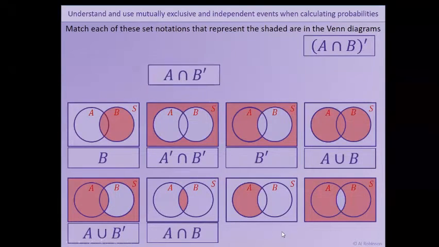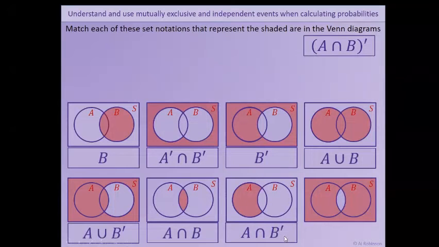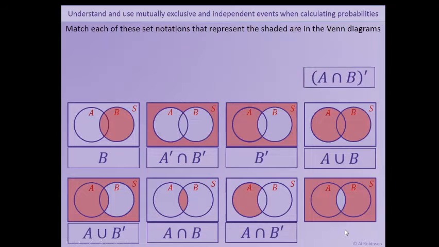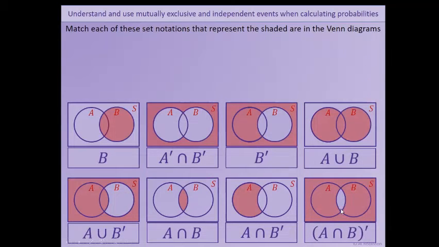And this one here is A intersect the complement of B. So it's all of A, and this intersects with the complement of B, so not B. Okay. And then the last one is just the complement of the intersect. So you think, what's the intersect? So A intersect B, which is the middle. So it's everything except for the middle. Okay. Right, I'm going to carry on with this video. I'm going to let you go.